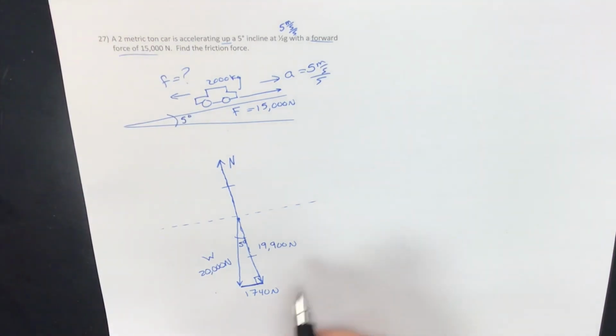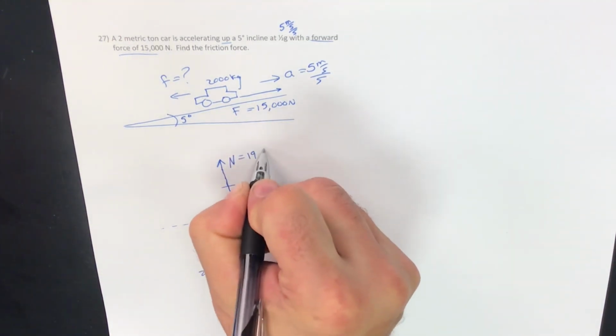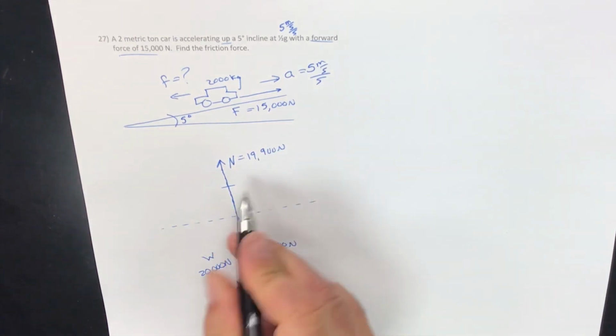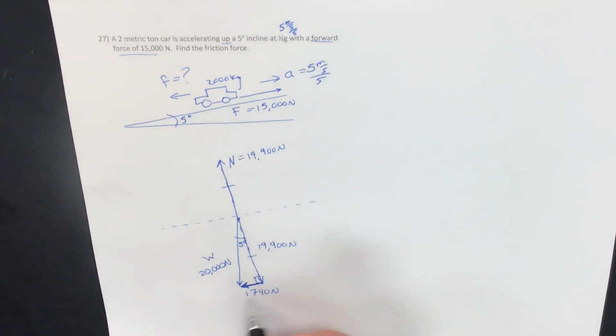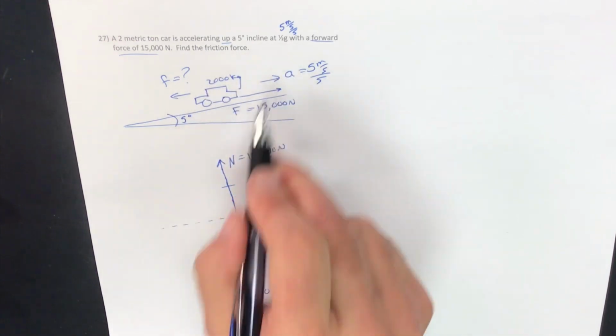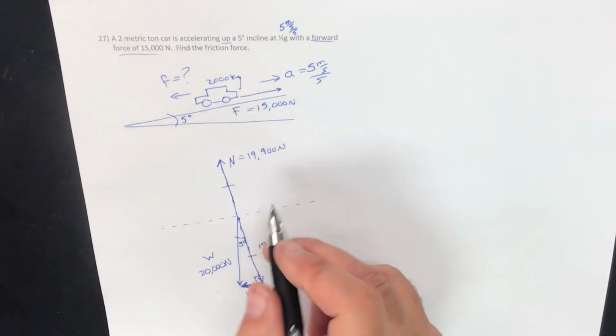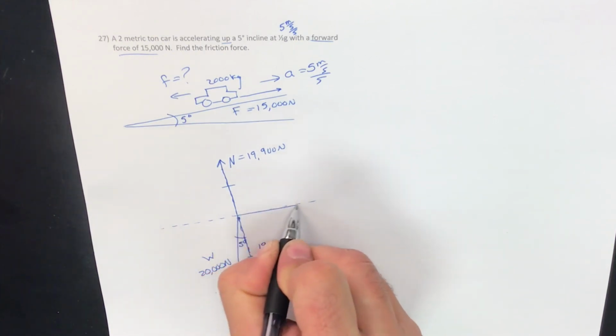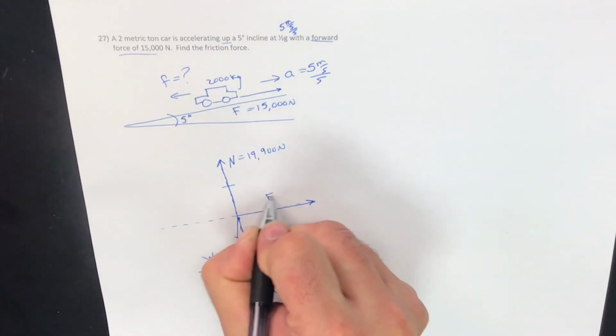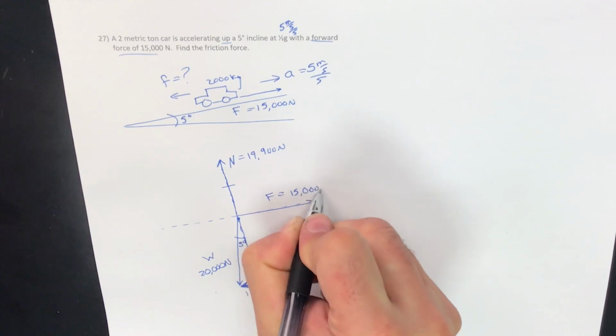There's a 1,740 that is in this direction, pulling it down the incline, and 19,900 is the perpendicular component. We don't need it in the vertical direction, but we will use this 1,740. Sorry, not the vertical, the perpendicular direction. And a big forward force of 15,000 newtons.